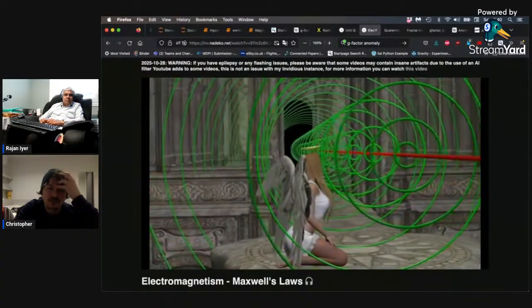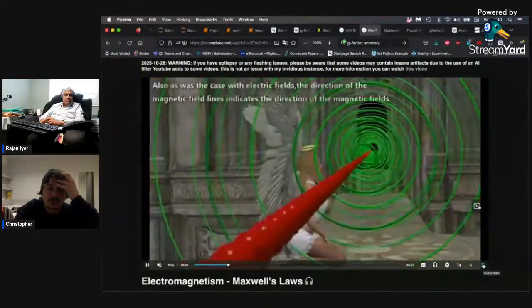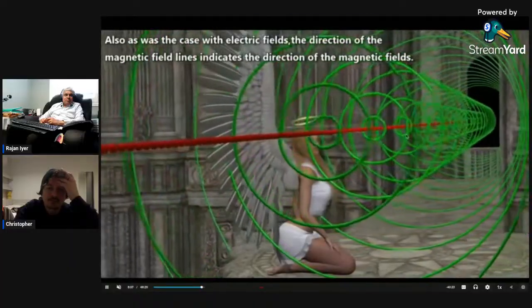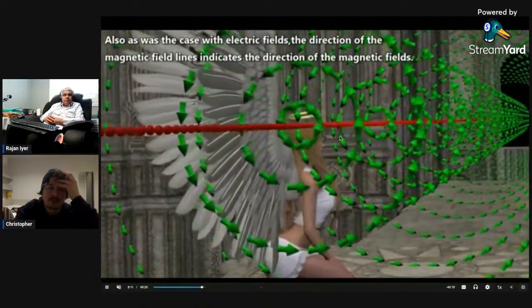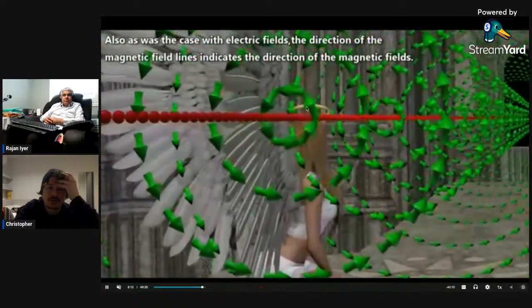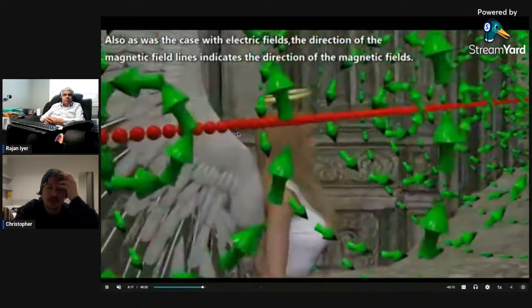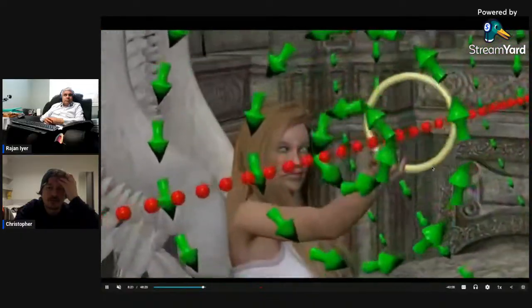And here's just another graphic showing that as these red balls, which are the current, move towards us here, the field is rotating counterclockwise, and if they move in the opposite direction, the field will move the opposite way.